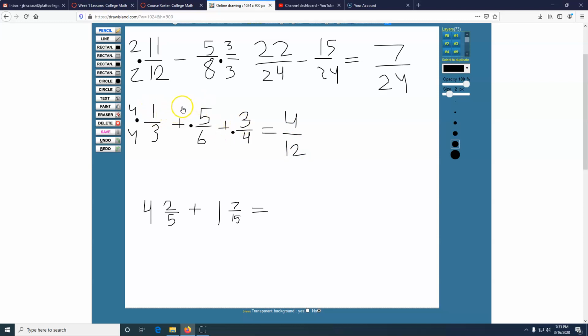The next one is going to be multiplied by 2 as we match that 6 up to give us 10 over 12. And finally, for this one, we're going to multiply the 4 by 3, so that would match 12. 3 times 3, so that gives us 9 over 12.